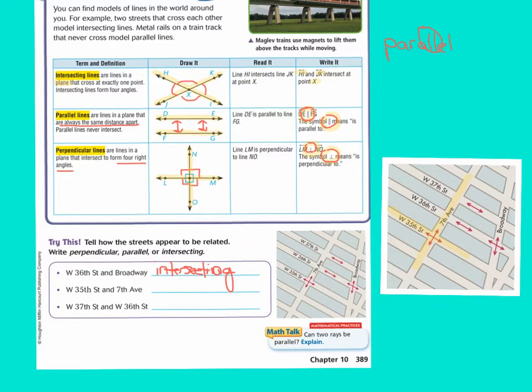And in this case, I'm going to turn my book a little bit so I can see it straight up and down, get a better perspective. And when I turn my book a little bit, it does appear that they form a right angle, 4 right angles, in fact. So in this instance, I know they are perpendicular to each other.